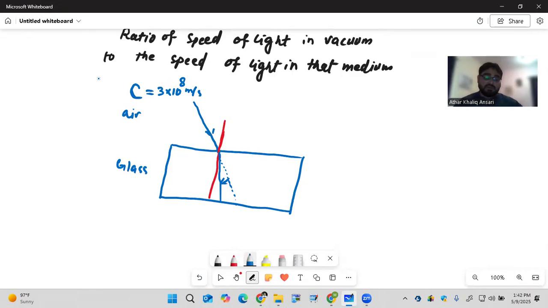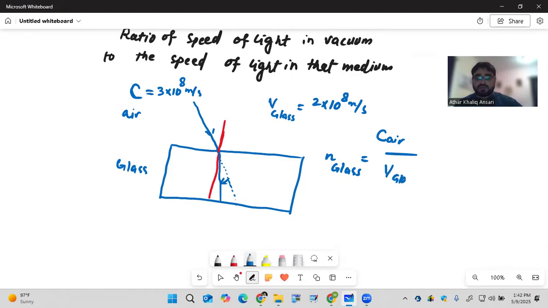For example, the speed of light in air is 3 into 10 to the power 8, and in glass, the speed of light is 2 into 10 to the power 8 meter per second. So the refractive index of the glass will be equal to the speed of light in vacuum, or you can say air, to the speed of light in glass.